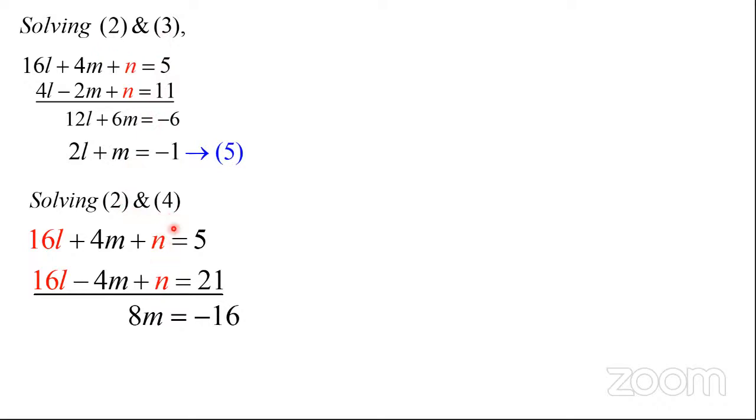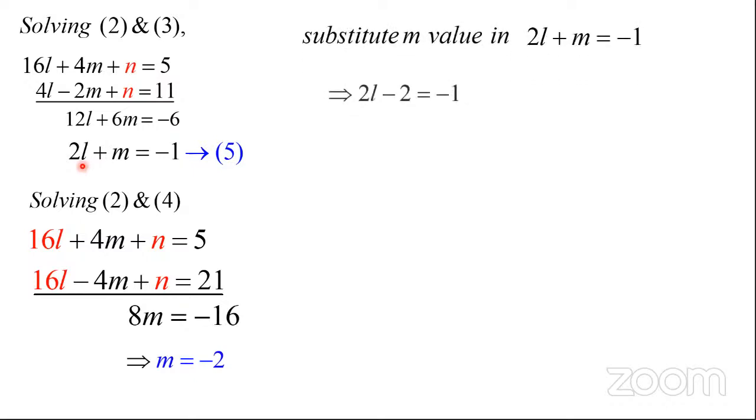Now again n and n gets cancelled. Luckily here we also have m and m gets cancelled. So we got directly the value of m as -2. If we substitute this m in equation 5, we will get the value of l as 1/2. So we got l and m.